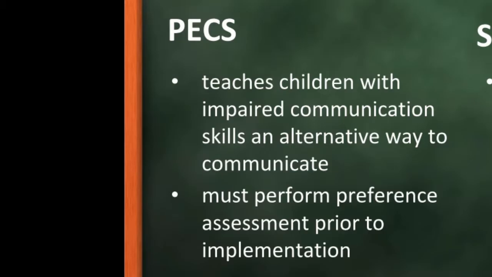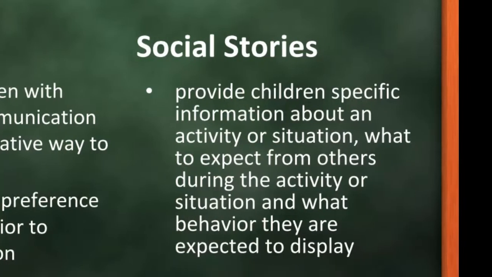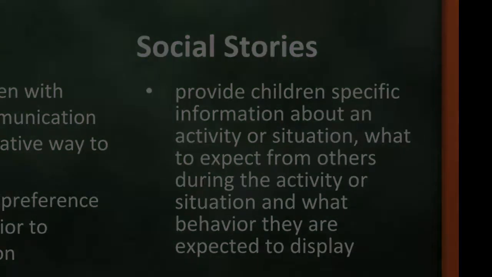There are no prerequisite skills needed to utilize PECS. However, a preference assessment should be completed prior to implementation. Social stories are short stories written from the child's perspective that provide children specific information about an activity or situation, what to expect from others during the activity or situation, and what behavior they are expected to display.